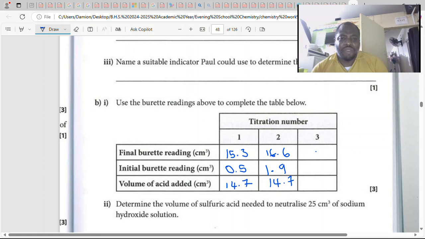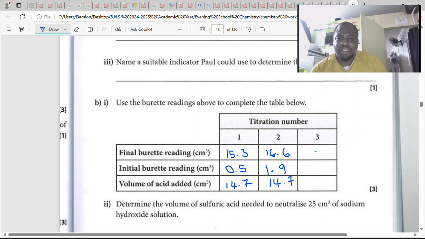Say for example, you had a rough here and the result of that rough is close, a 0.1 difference to the volumes that we're getting here, and maybe even the titration 3 values were out. We can use the rough, 1, and 2, and not the 3 to get the average volume that we would want to use, or determine the volume that we should use.